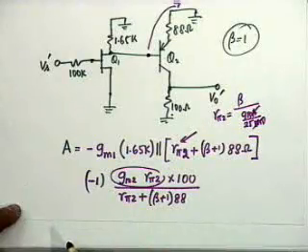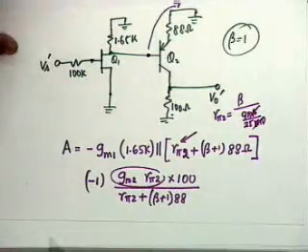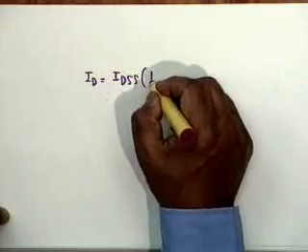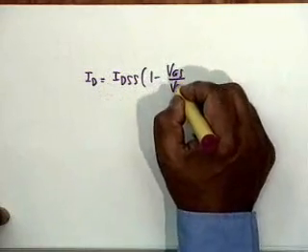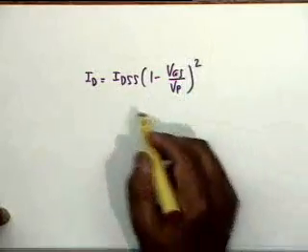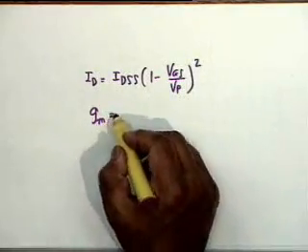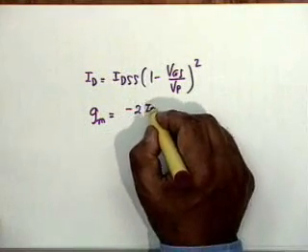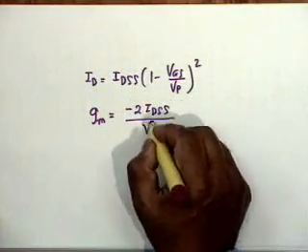My calculation, oh no, I still have something else to do. I have not found out GM1. Okay, I have to go back to my equation I sub D equal to I sub D SS times 1 minus VGS by VP whole squared and I find GM as minus 2 IDSS by VP times 1 minus VGS by VP.